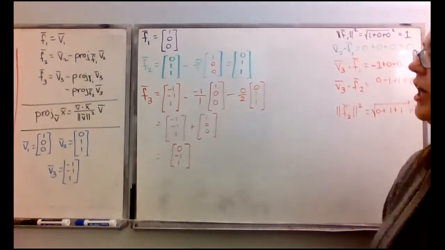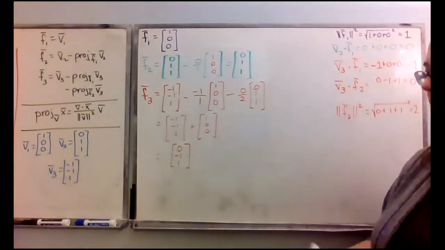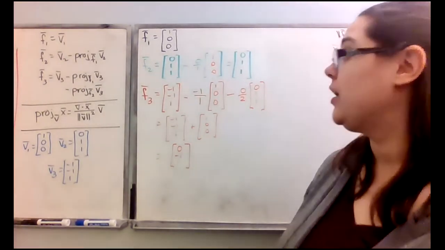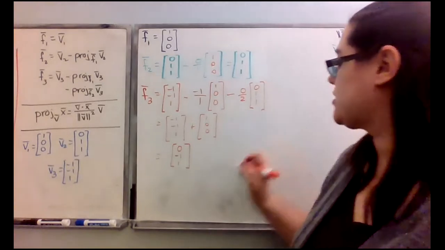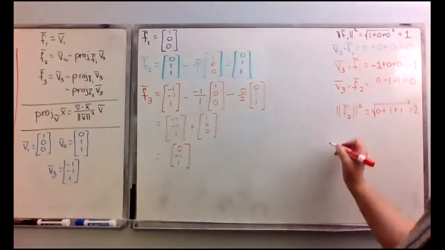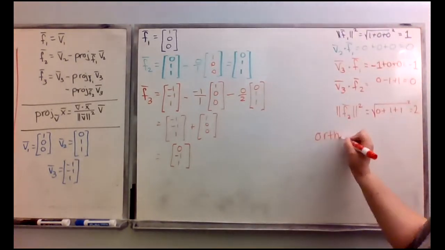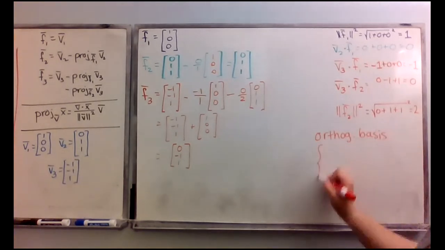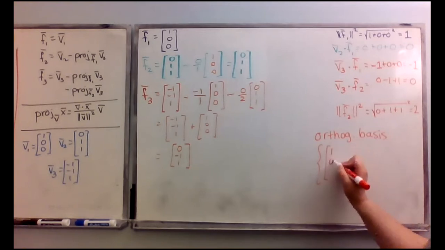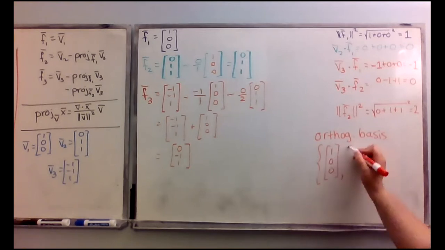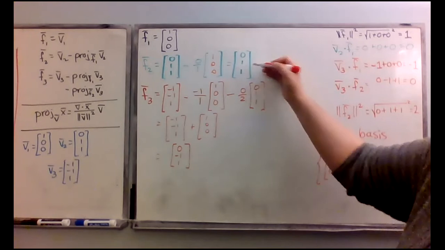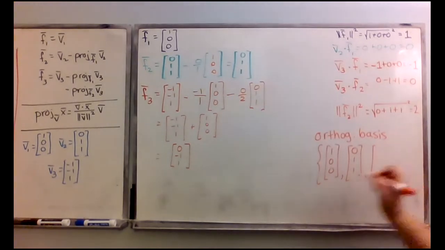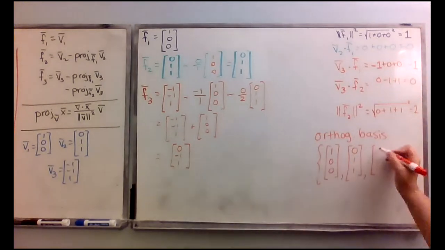All right, cool. If all I needed to do was find an orthogonal basis, this would be it. So my orthogonal basis, I'll write it out over here, is going to be 1, 0, 0, 0, 1, 1, and 0, -1, 1.